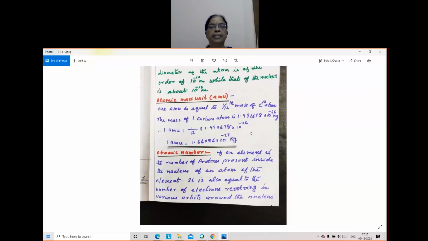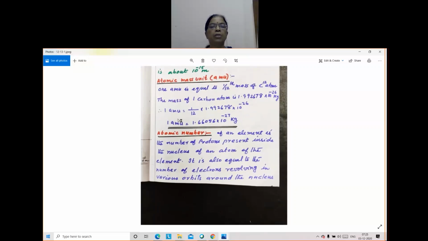That is 1 AMU. All should know this conversion, 1 AMU to kilogram: 1.66 into 10 raised to minus 27 kilogram. This is almost equal to the proton's mass. Neutron mass is also almost the same as the proton's mass in kilogram. Okay, that is 1 AMU.